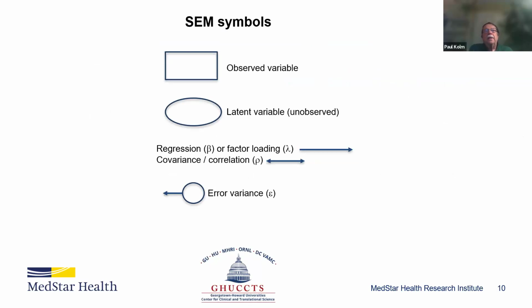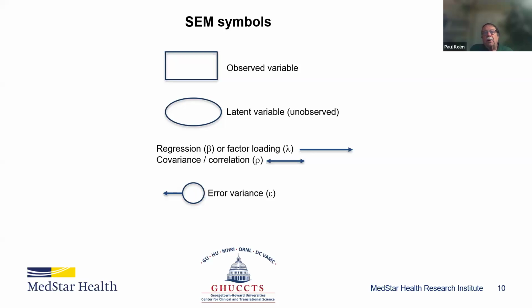So we need to be familiar with SEM symbols. So when we do a path diagram or look at a SEM model, a rectangle indicates observed variables. An oval indicates latent variables, that is, our latent variable is an unobserved variable. The unidirectional arrow indicates regression coefficients, or when we look at latent variable factor loadings, if you're familiar with factor analysis.